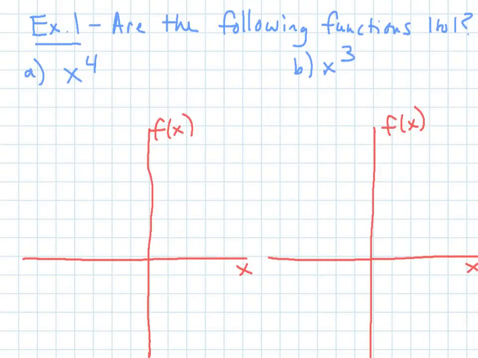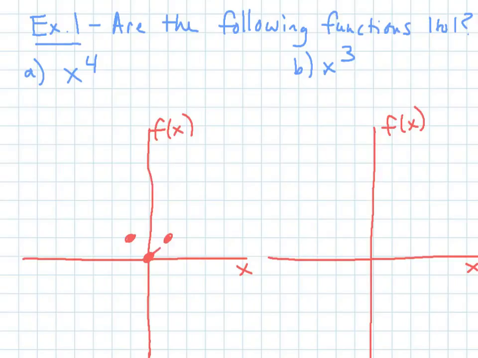So for x to the fourth, if I want to see if the following functions are one-to-one, I need to graph them to take a look. So let's pick some x values. If I do 0, 1 to the fourth is 1, right? Negative 1 to the fourth is 1. And 2 and negative 2 to the fourth are 16.